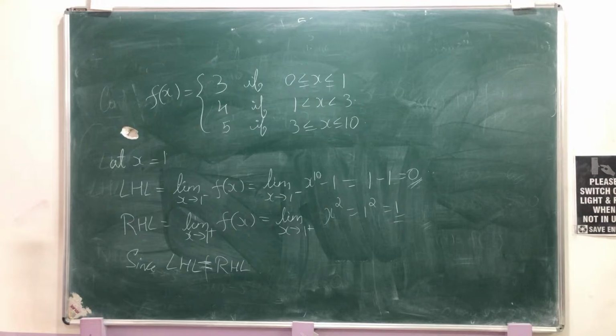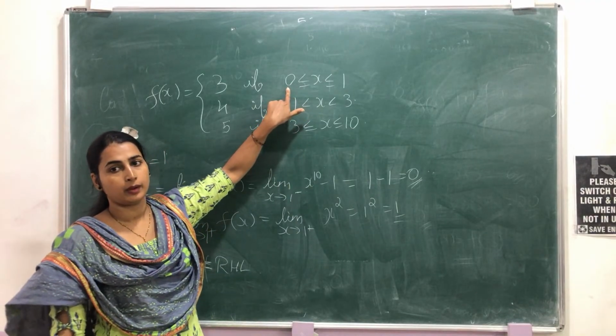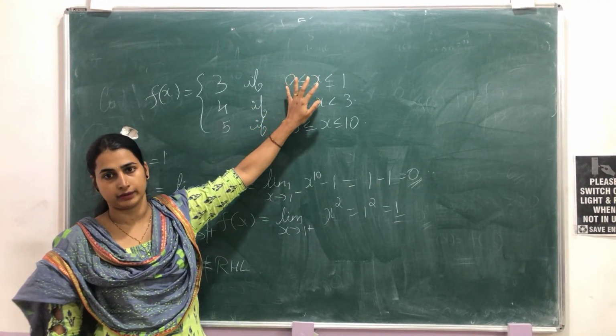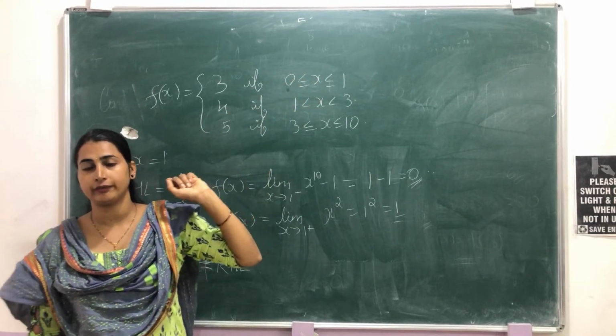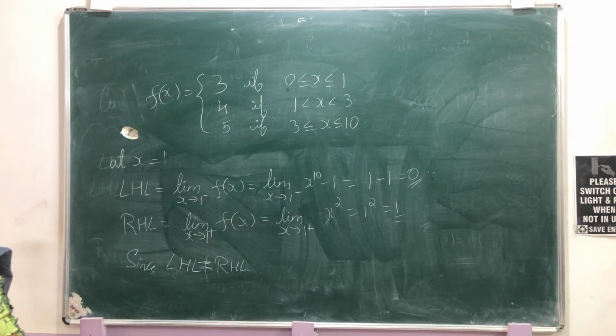Which and all? One is x equal to 0. Second, x equal to 1, third x equal to 3, fourth x equal to 10. So there are 4 points. But see, observe carefully. For 0, only greater than or equal to 0 they have given. You don't have less than 0. So left hand limit condition is not there. So here if you use first definition, it is enough.